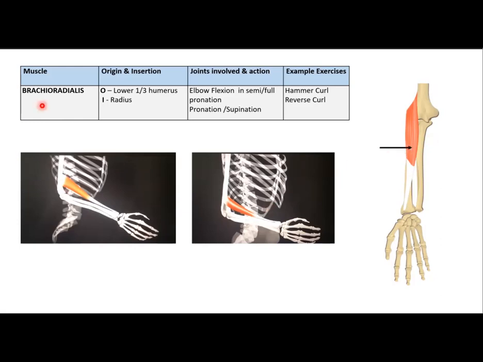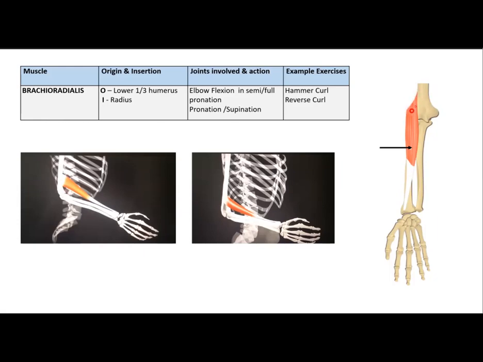There is another thing called the brachioradialis. So you see, you have a lot of muscles involved when you're doing a bicep curl. You have your biceps brachii, you have your brachialis, and you have your brachioradialis. As you can see here, its origin is also on your humerus, but much lower.